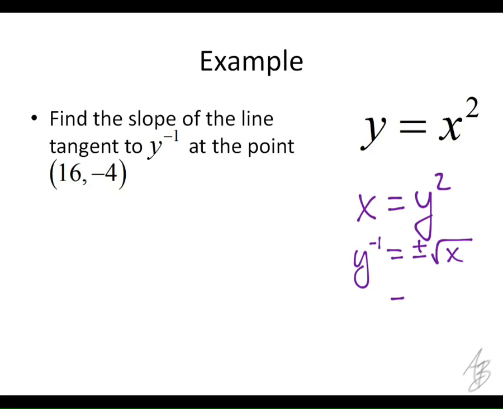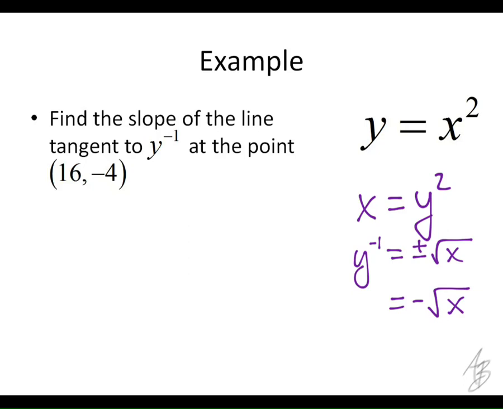So we're going to just take the derivative of this part right here. If we were trying to find the slope of a tangent line to the top half, we would have to take the derivative of the top half. If we wanted to do it generally, we would have to do both and then combine them. We might be able to combine them kind of neatly. We might have to write it as a piecewise type function.